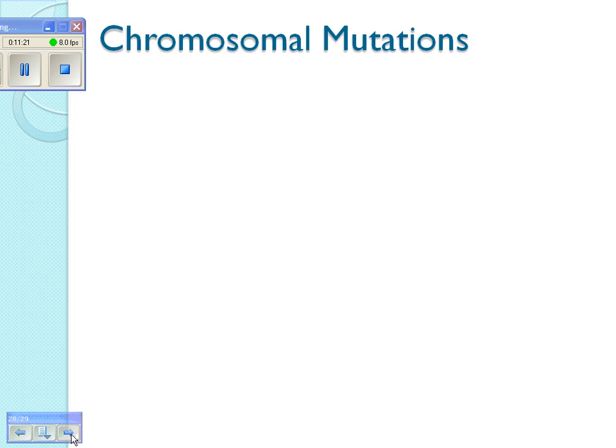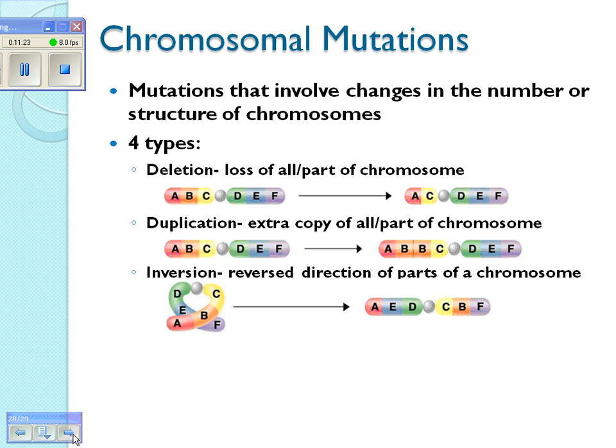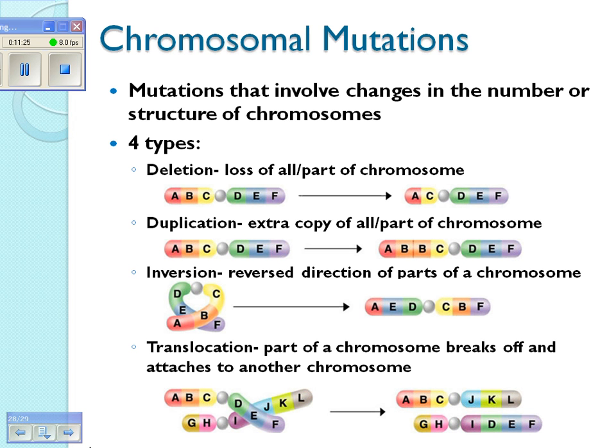Okay, so chromosomal mutations. There are 4 types, but I'm not making you write the definitions down in your guided notes. You just need to know basically the difference between the chromosomal mutation and the gene mutation, and the fact that there are different ways you can have chromosomal mutations.